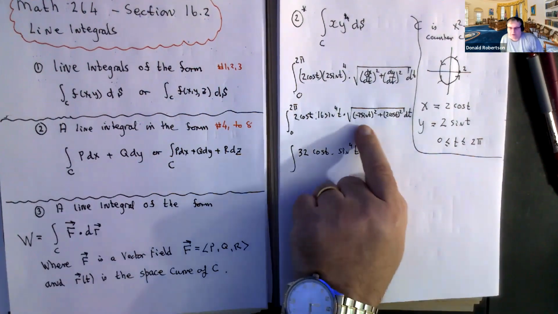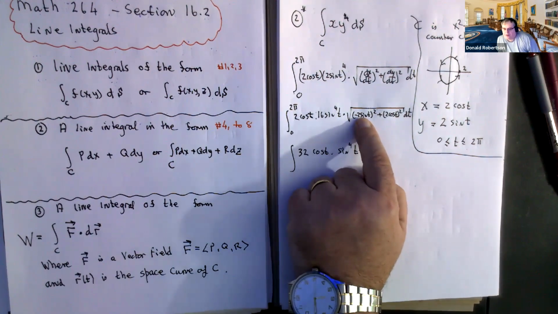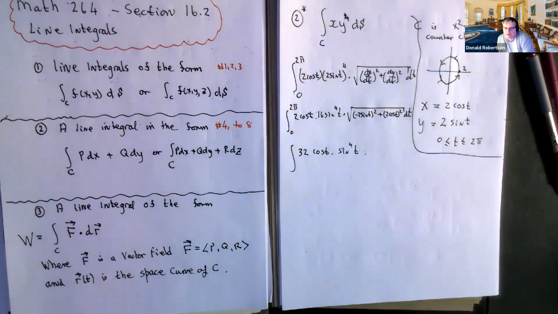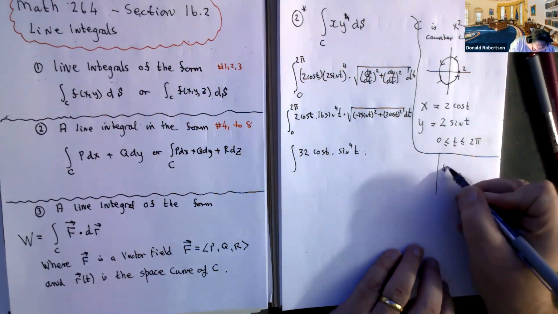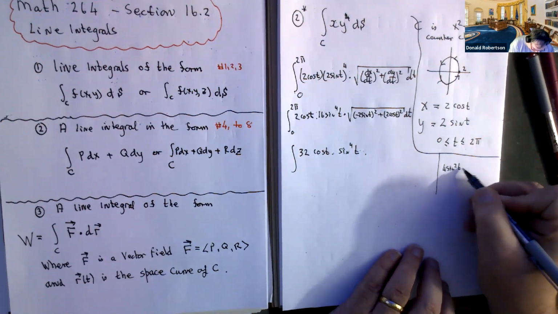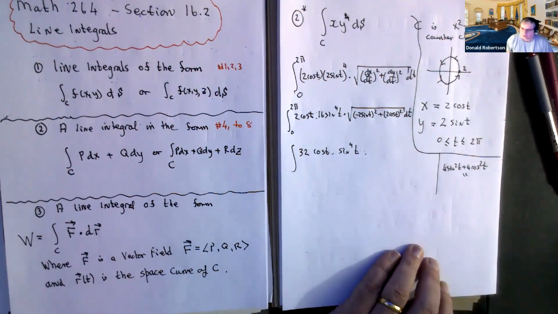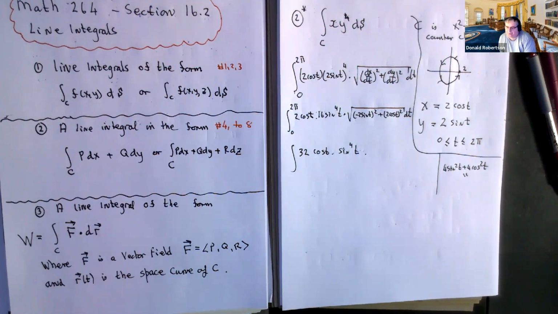And now I'm going to cut some corners. That guy will be 4 sine squared plus 4 cos squared. Do you recognize 4 sine squared plus 4 cos squared? What's it equal to? What's that thing equal to?